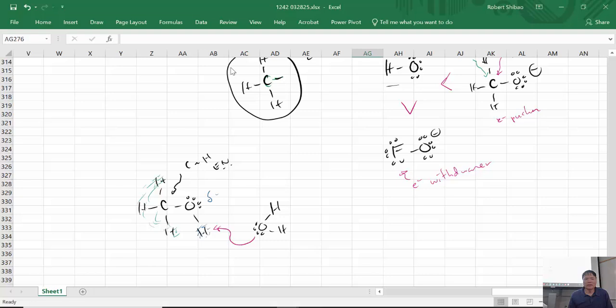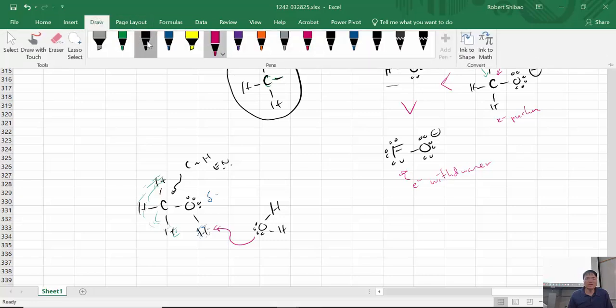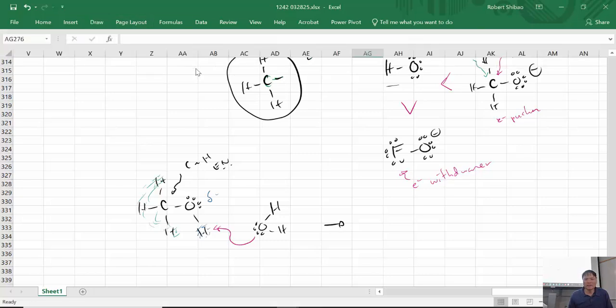So if that plucks it off, one of the reasons why methanol is such a weak acid is because it forms a terribly unstable product, methoxide, in hydronium. And so strong base.